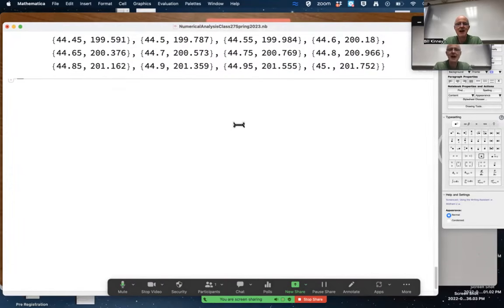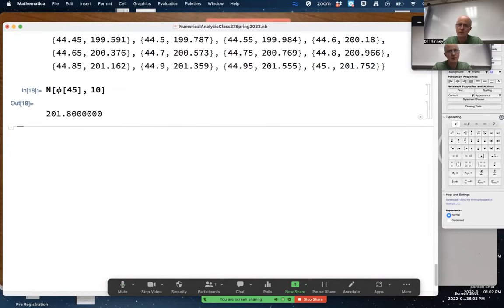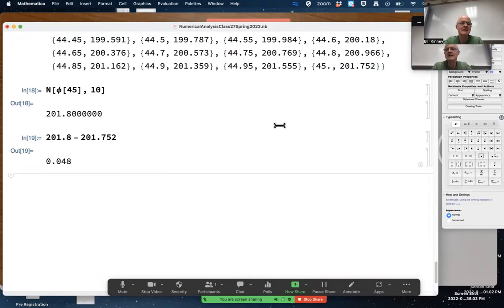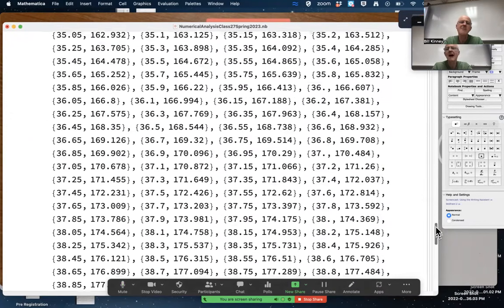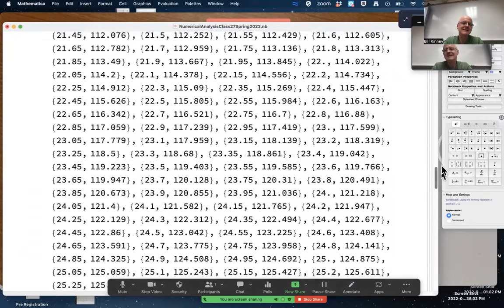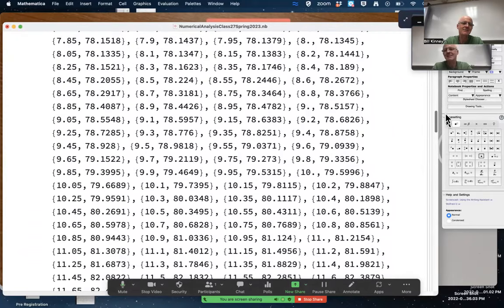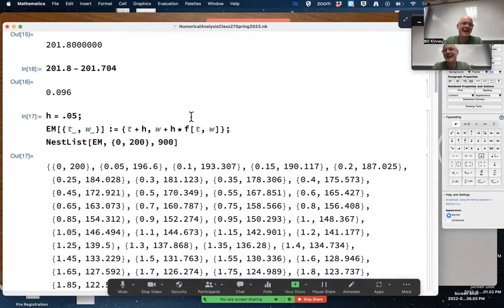The value after time 45 minutes is 201.752. What's the error in this case? Again, phi of 45, 201.8 minus 201.752, 0.048, about, here's a conceptual point, about half as big as that.